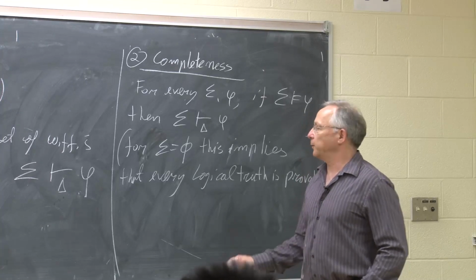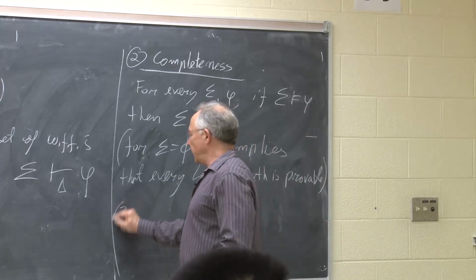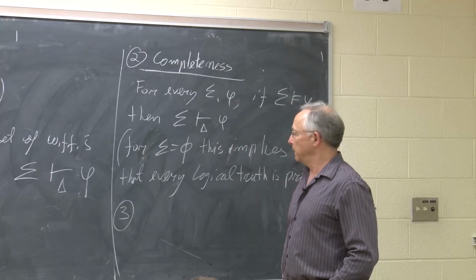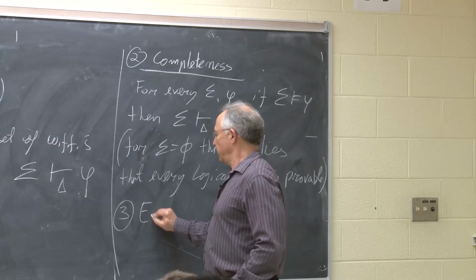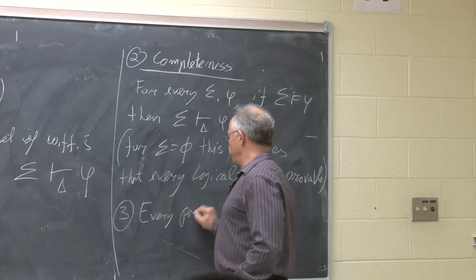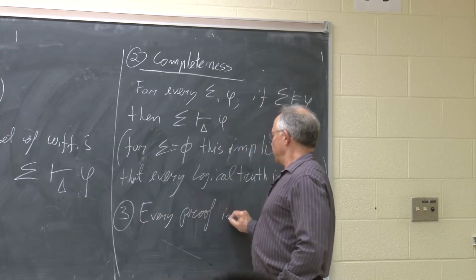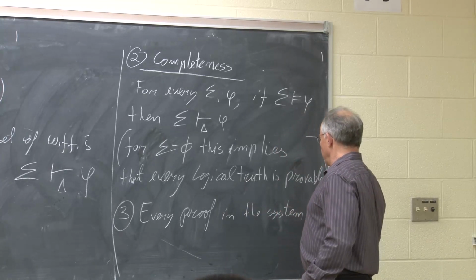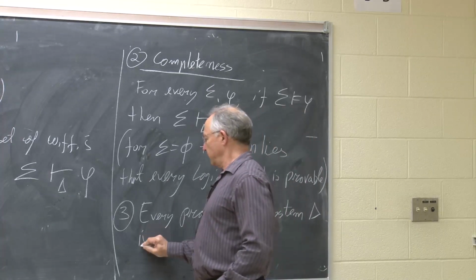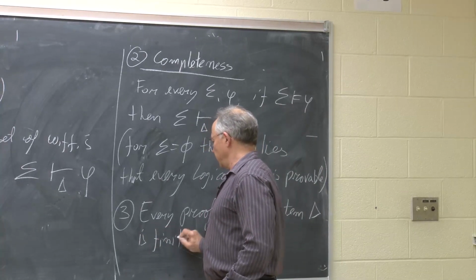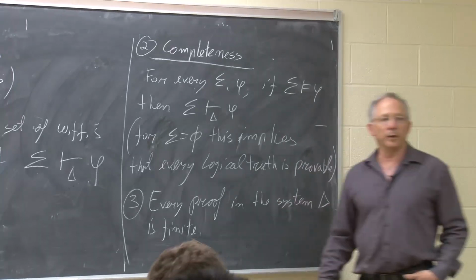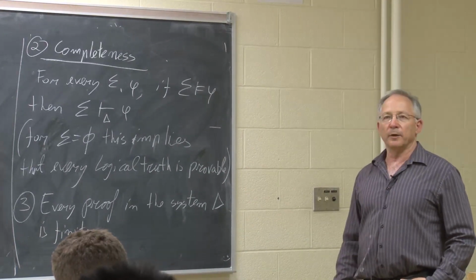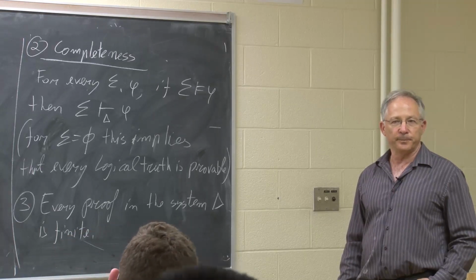And now I want the third requirement. And the third requirement is that every proof in the system delta is finite, which is also a very natural requirement. We don't want to have infinite proofs, because if we have infinite proofs, we'll not be able to check that it's a proof.